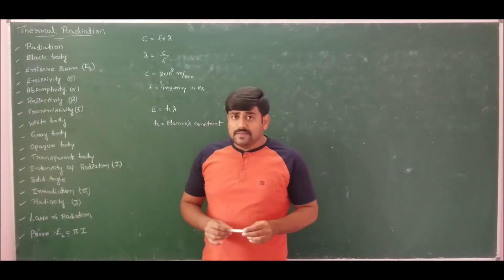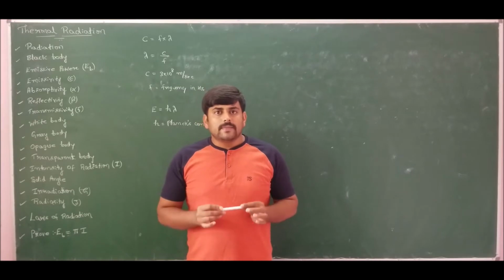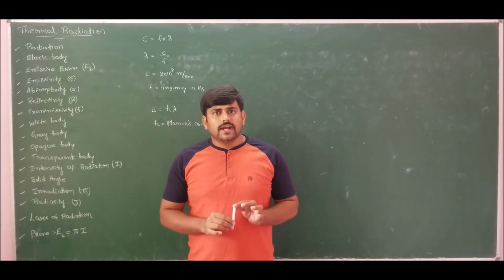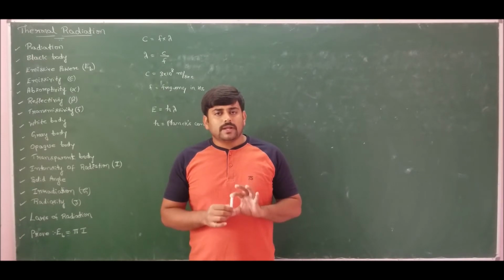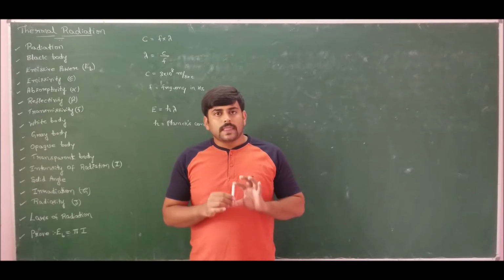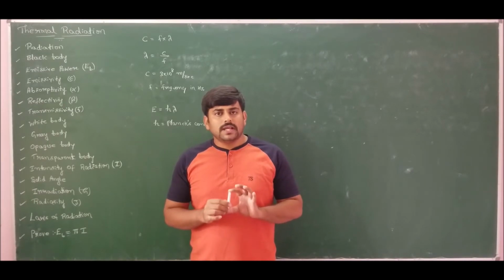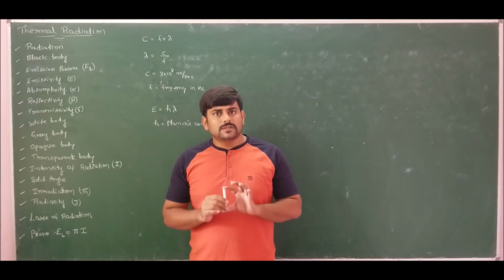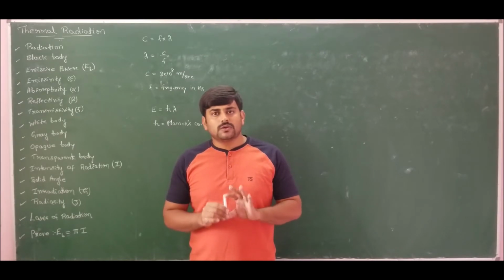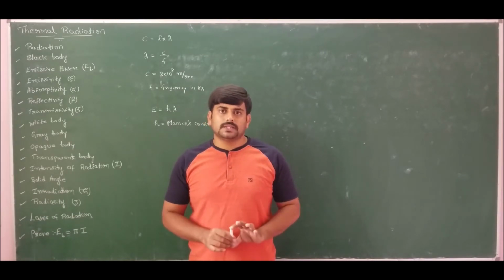Next, coming to emissive power. Emissive power of a black body is defined as the amount of radiation emitted per unit area per unit time. It is explained with the help of Stefan's law. Emissive power of a black body is directly proportional to the fourth power of its absolute temperature.